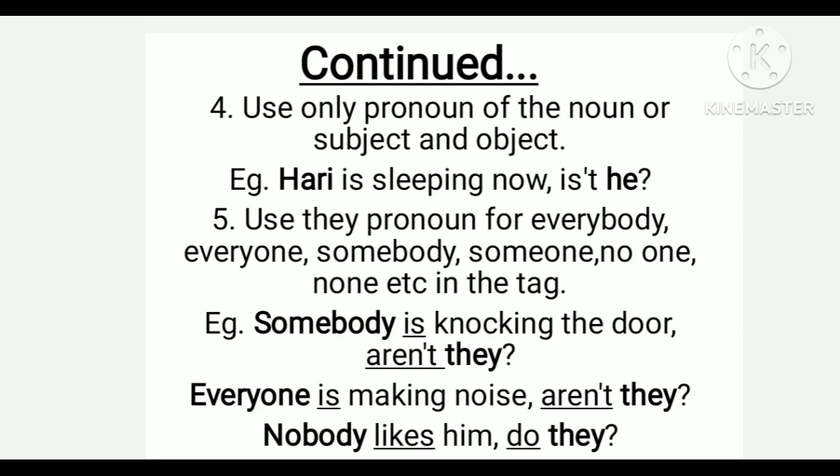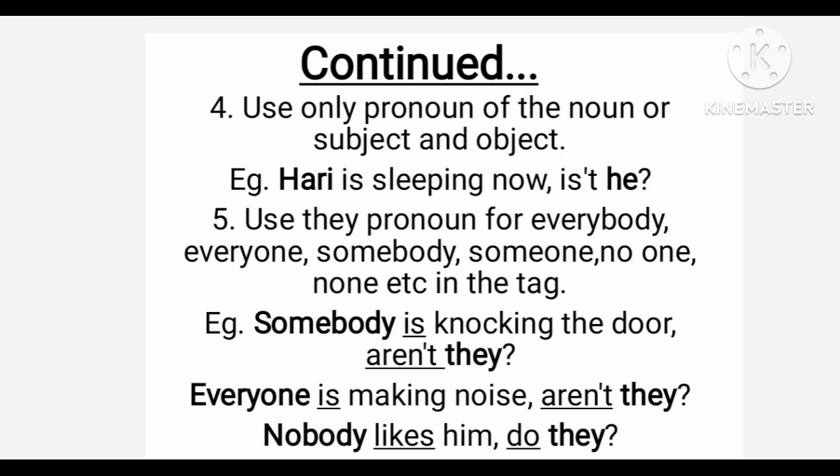The next rule is to use the pronoun they for everybody, everyone, someone, somebody, no one, none, etc. in the tag. It means these are used as singular in the statement with a singular form of verb, but in the tag question they are considered plural, so for plural we should use the pronoun they.